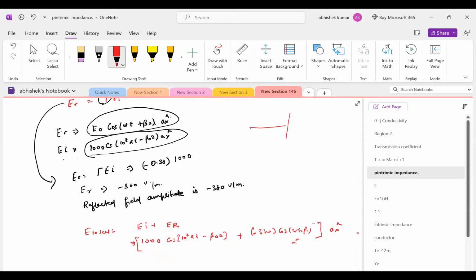We can't add it at the magnitude because the incident is in plus z and the reflected is in minus z. We can't add in that way. We are just adding the vectors. I'm not telling that I'm getting the result. I am adding the vectors only. Okay.